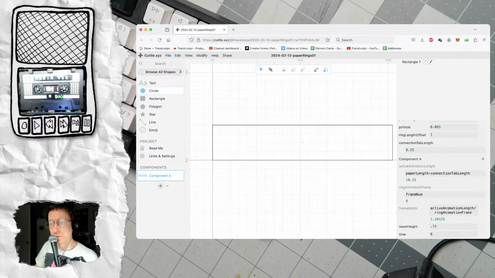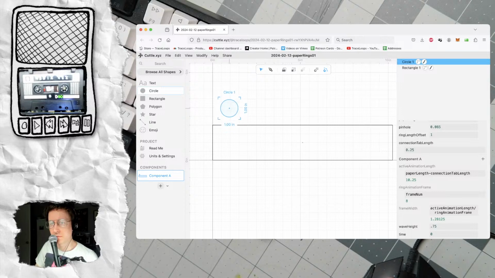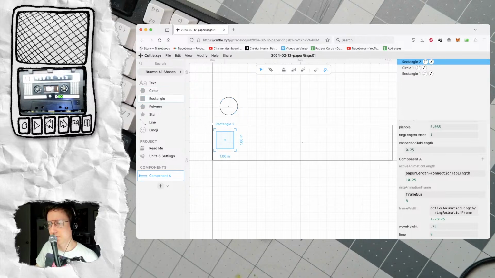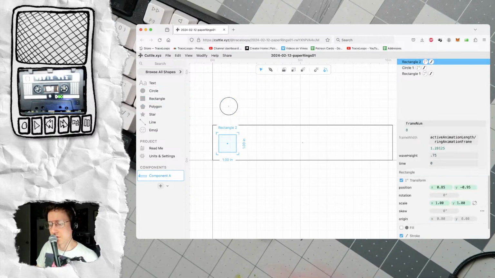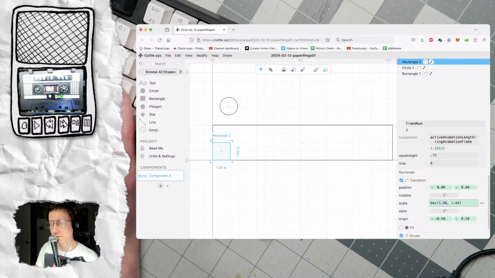So I'm going to pull in a rectangle. This is going to be negative 0.5. This is going to be 0.5. Position is 0, 0. Scale is paper height. Nope.